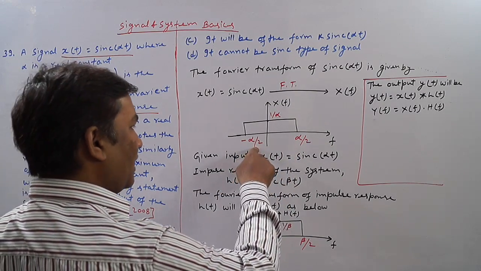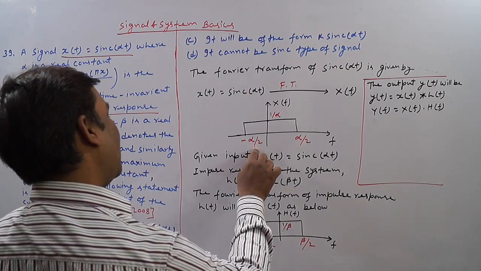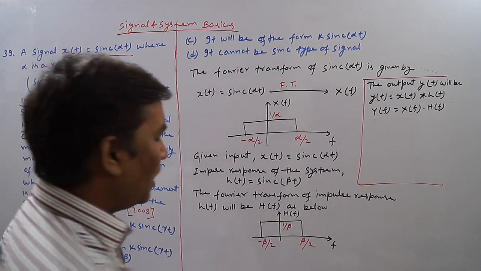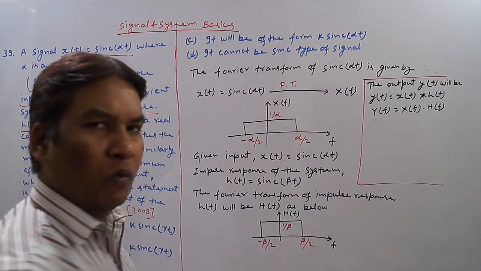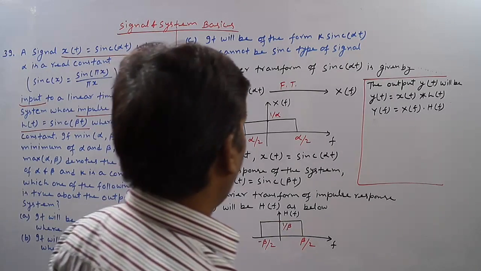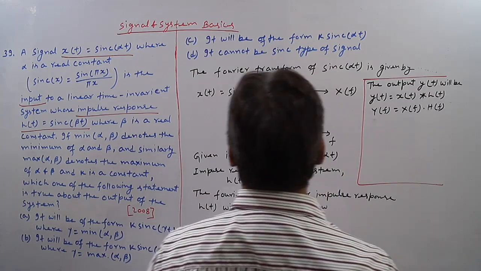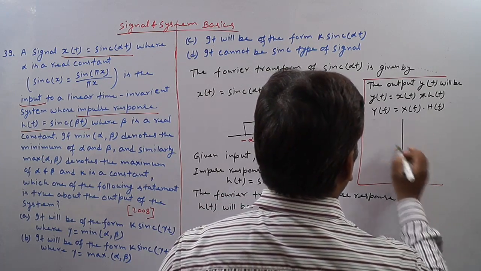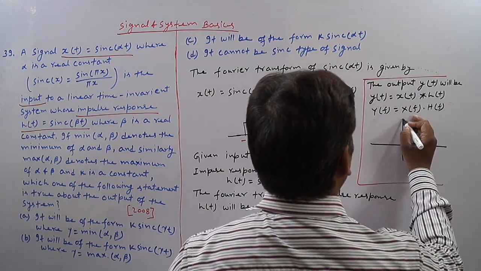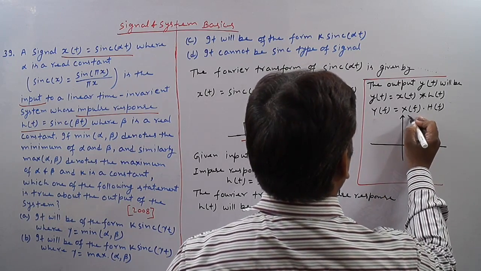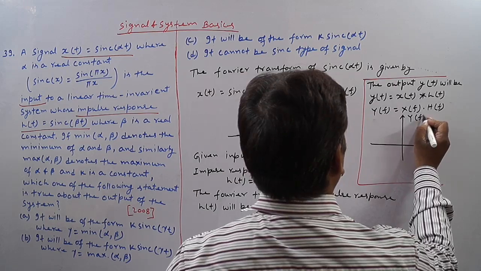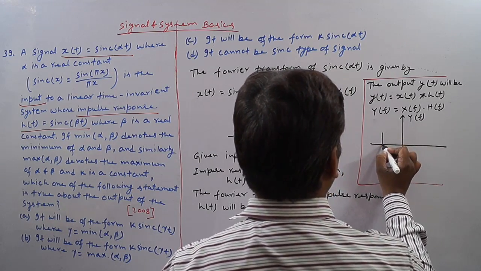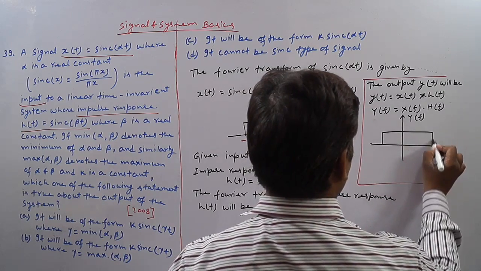If alpha is less, then it will vary between minus alpha by 2 to alpha by 2. If beta is less, then it will vary between minus beta by 2 to plus beta by 2. So the graph of Y(f) will be like this.